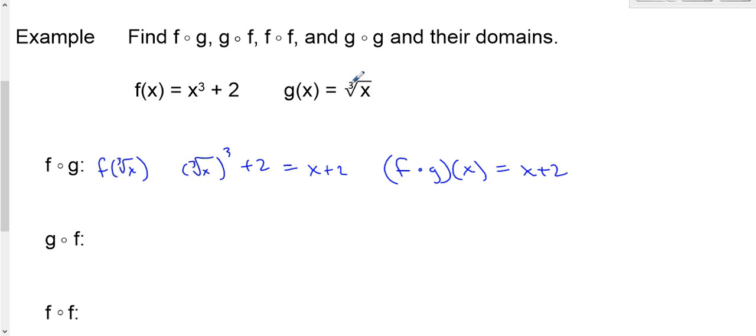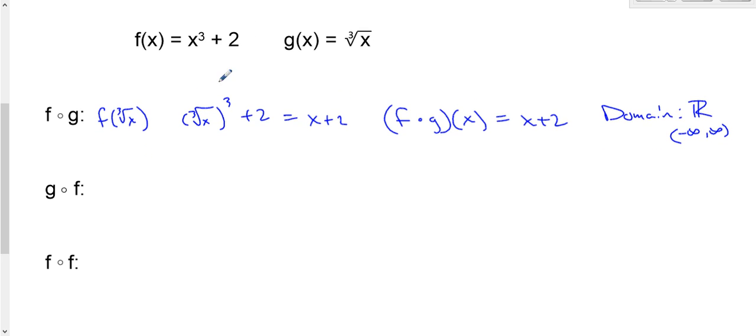It's not a problem. It's when it's a square root, fourth root, sixth root, anything even for the radical that is going to cause a restriction. So the domain is all real numbers, going from negative infinity to positive infinity.